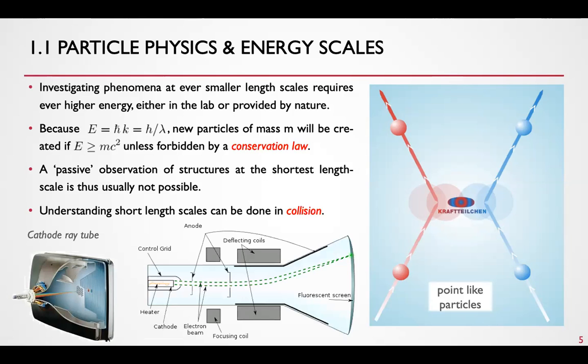What is a collider? The most simple collider is an old TV set based on a cathode ray tube. I think you're still old enough to remember these TV sets. I certainly am. So here you have a cathode and a heater which produces an electron beam. And this electron beam is then focused with magnets, and it's deflected with magnets and with electric fields.